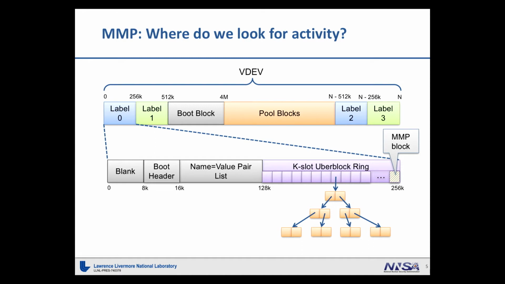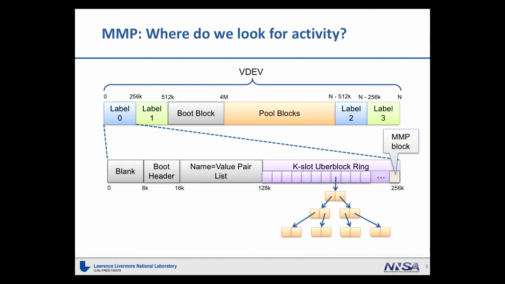We thought about just about everywhere. The blocks in the pool aren't a good choice because you have to import the pool to find them. And even if you import the pool read-only, it's not reliable. We'll talk about it more later.